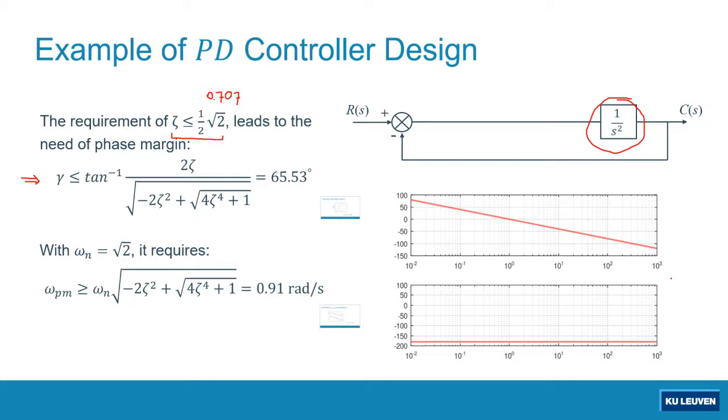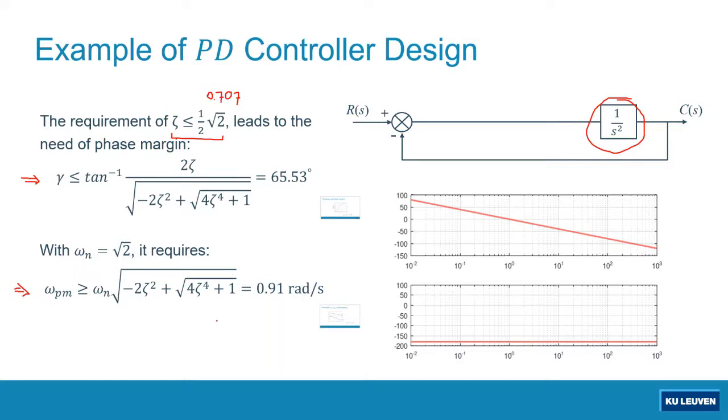The second requirement says that the undamped natural frequency should be equal to square root of 2. According to one of the equations that correlates phase margin frequency to zeta and omega n, we can immediately see that the phase margin frequency requirement will be greater than or equal to 0.91 radian per second.